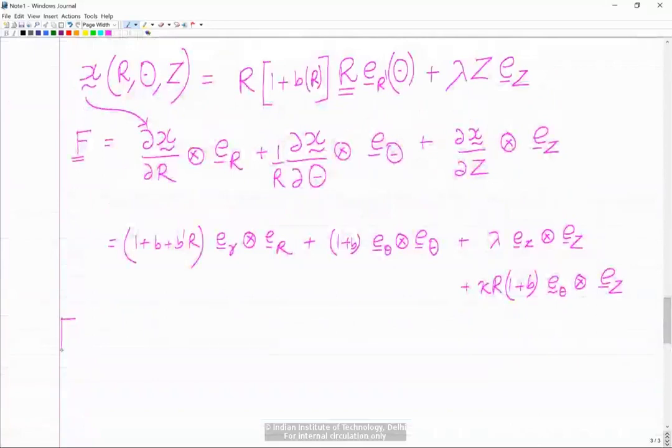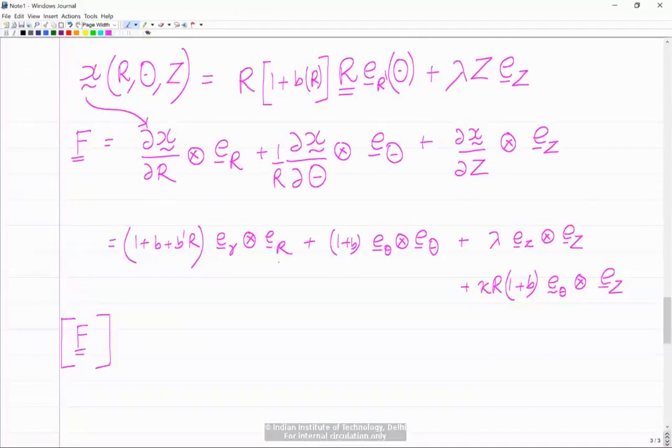And when you express this deformation gradient tensor in a mixed coordinate system, okay, this is really interesting here. Till now we had expressed tensor in one coordinate system, but here we are using two coordinate systems.